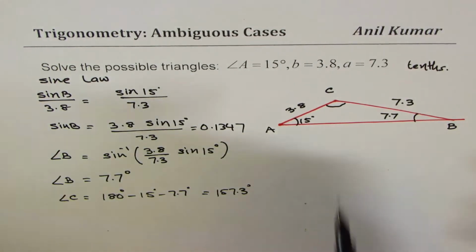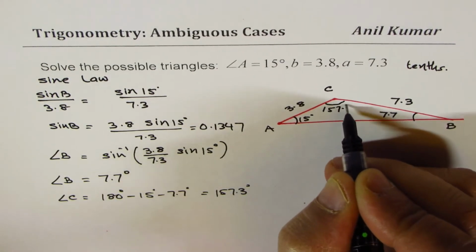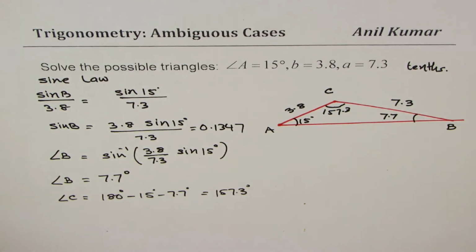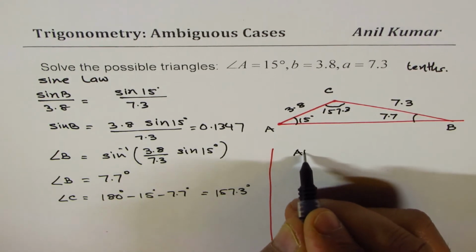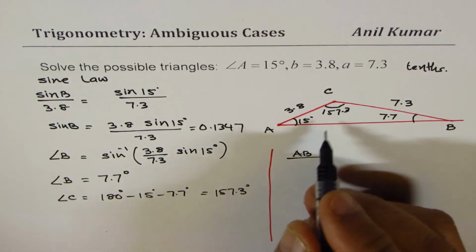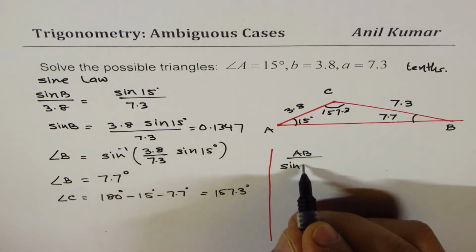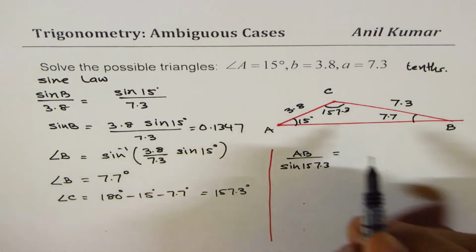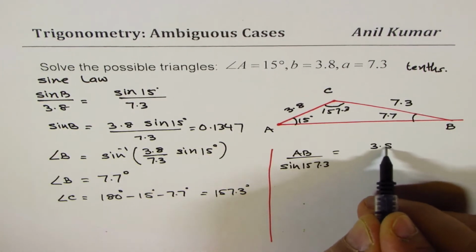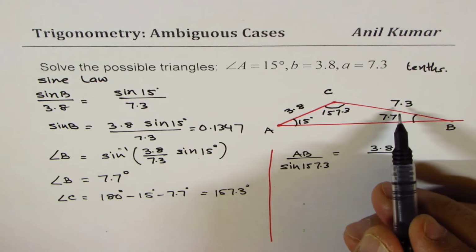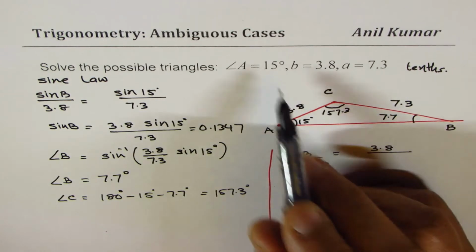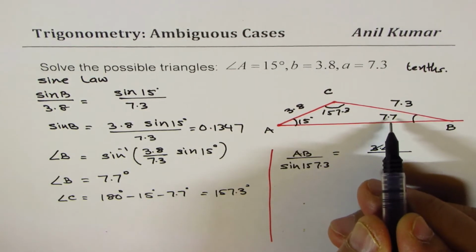So we got the angle C, which is 157.3. Now we can find the missing side AB, right? So let's do that. Missing side AB can be written as, again, sine law. AB divided by sine of 157.3 should be equal to what is given to us? The combination 3.8. Okay, I should have used 7.3. Better is we are given 7.3 and 15, we'll use that one because there is an error here, right?